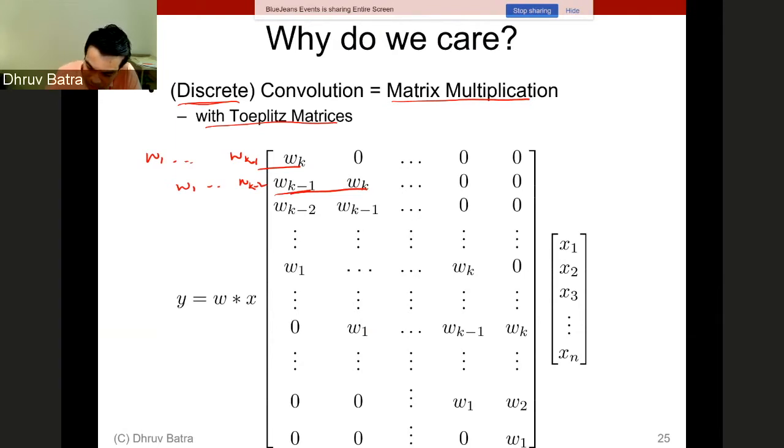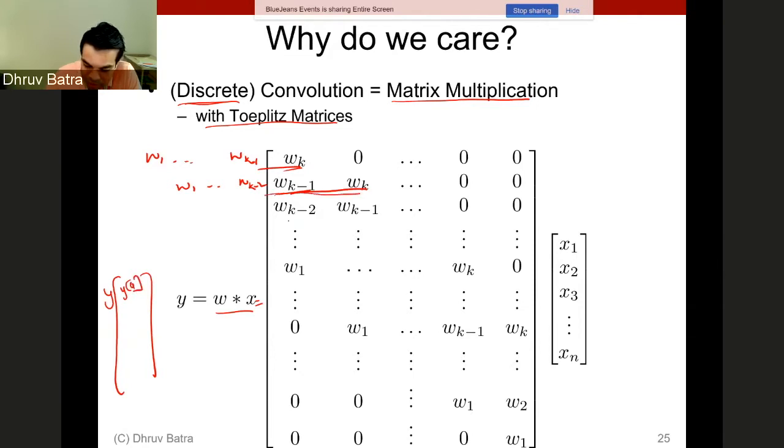If you realize what this is doing in this matrix multiplication, X1 will multiply WK, and that will give me the Y0 entry here, or the Y1 entry here.